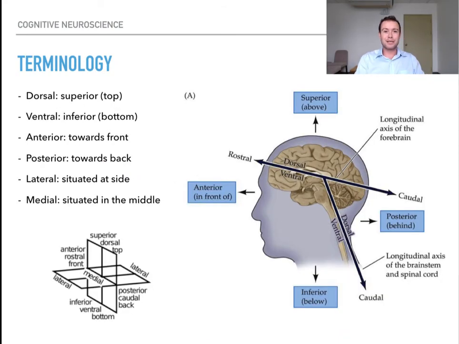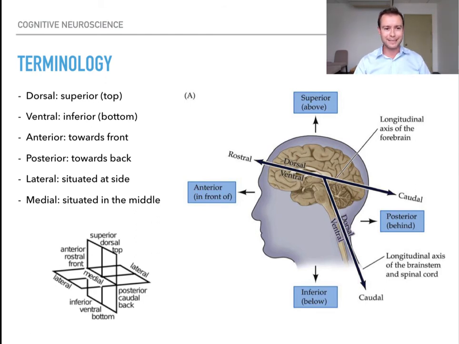As cognitive psychologists, we like to be very precise about the terminology that we use to describe where regions are located in the brain relative to each other, and these terms can be used somewhat interchangeably. It's not going to be essential that you know where each of these terms refer to, but it is going to help your understanding throughout the course. So if I refer to something as being dorsal, understanding that that means on the top or superior is going to be useful.